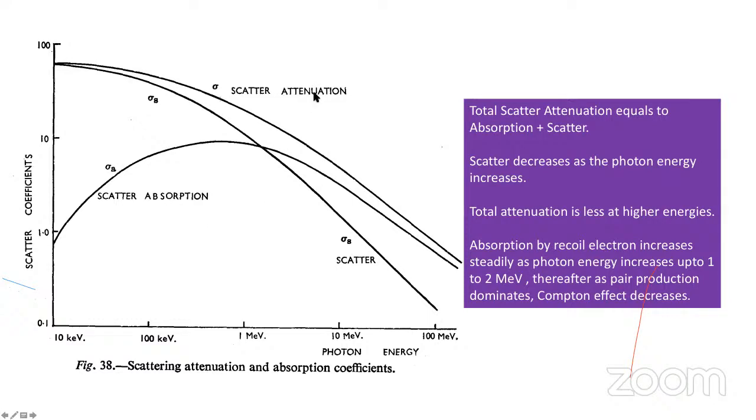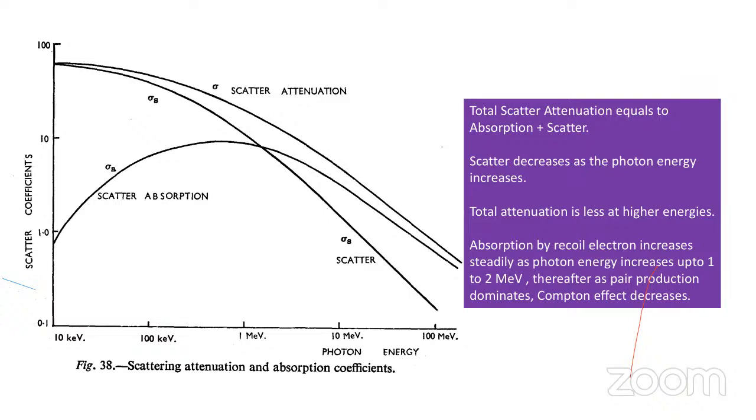If something is removed from the path or absorbed, and you measure at a particular distance, you will see less of that energy. So the total attenuation is equal to absorption plus scatter, and as we showed in the previous chart, the scatter decreases as the photon energy increases.